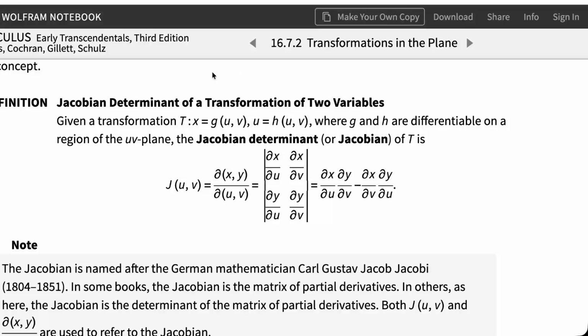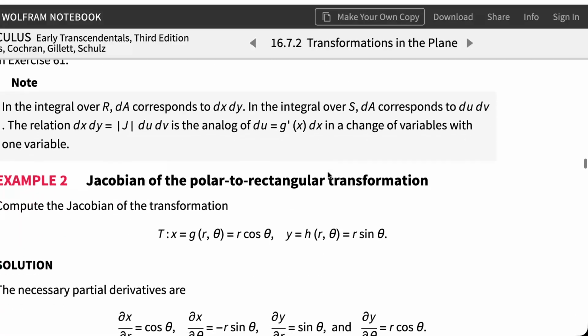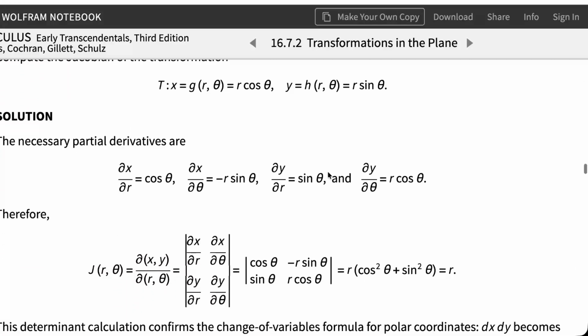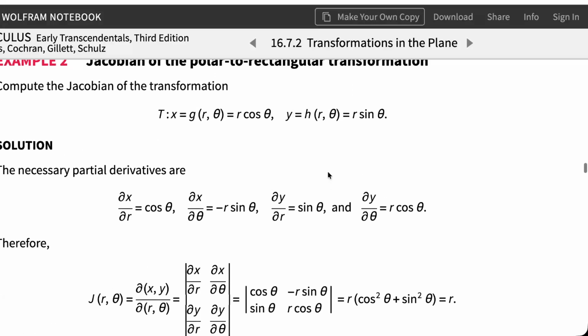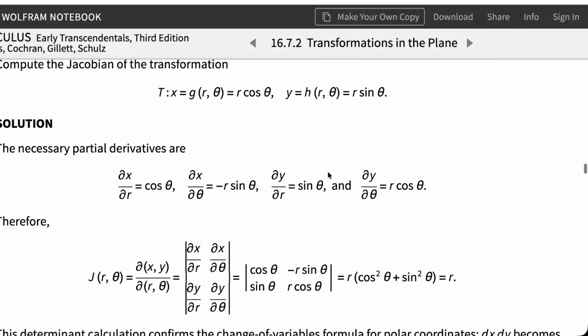I guess we should end this by talking briefly about the spherical coordinate system. There was a thing in the book that does the Jacobian for just polar to rectangular.